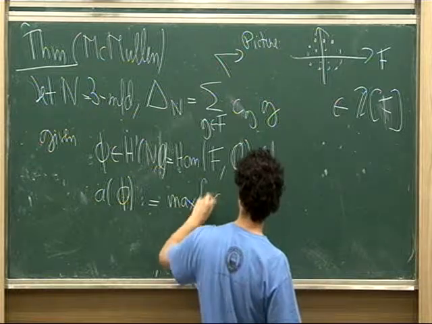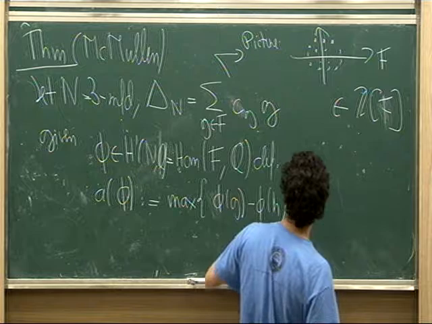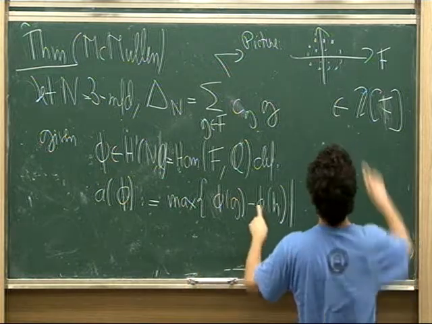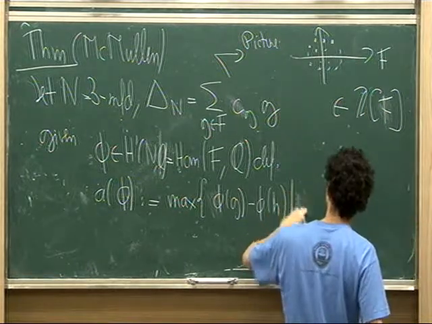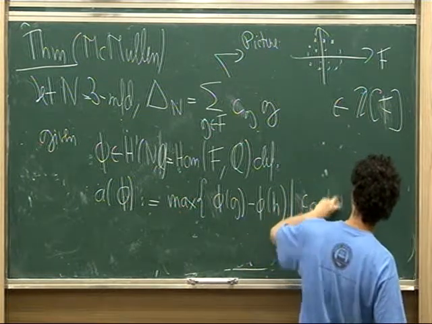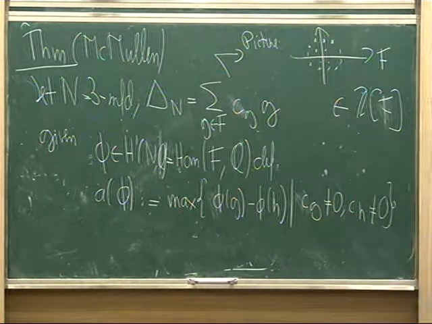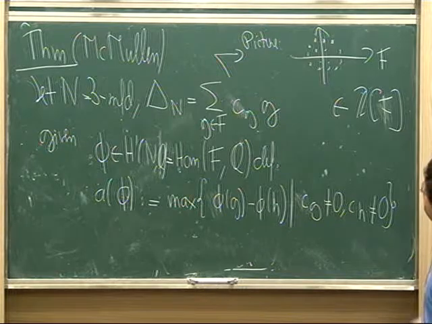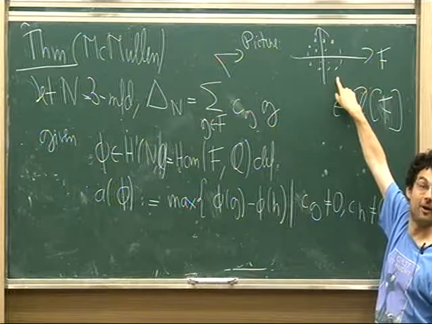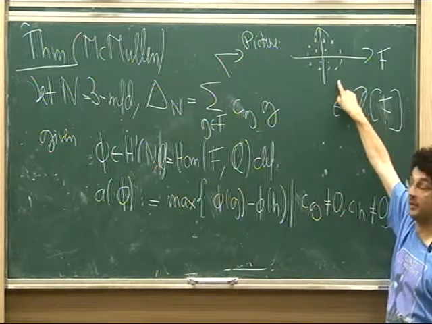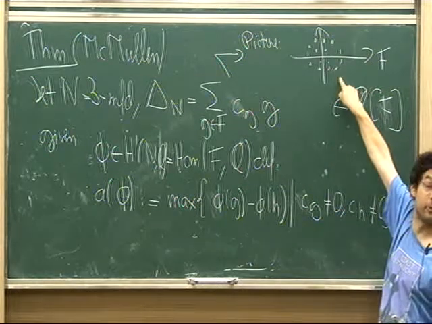So I maximize phi(g) minus phi(h), where g and h correspond to non-trivial coefficients, so c_g not equal to 0, c_h not equal to 0. So you could say phi is a distance measure on F, and I define A of phi to be the maximal thickness of the Newton polygon here.